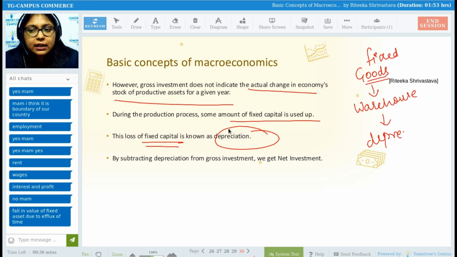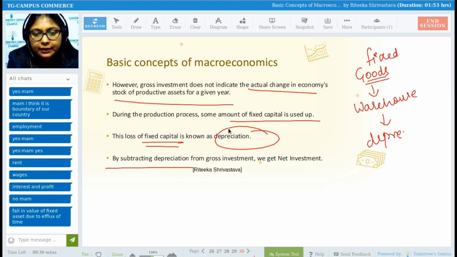Because the goods in the warehouse will see their prices fall, since they have been there for a very long time. That deduction is nothing but depreciation. So the value is going to get depreciated.